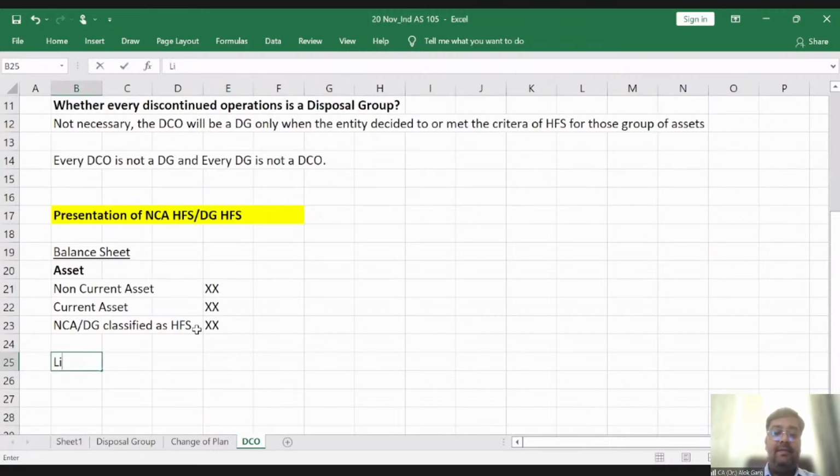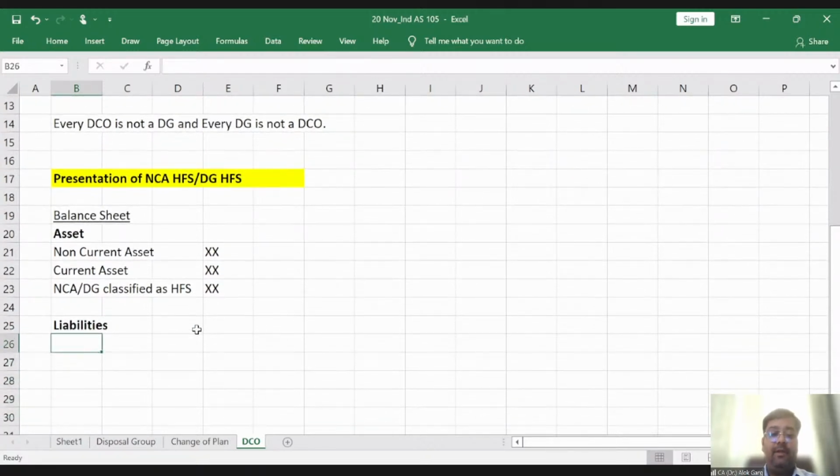In your liability side, there will be equity, there will be a non-current liability. Let's talk about only liability.